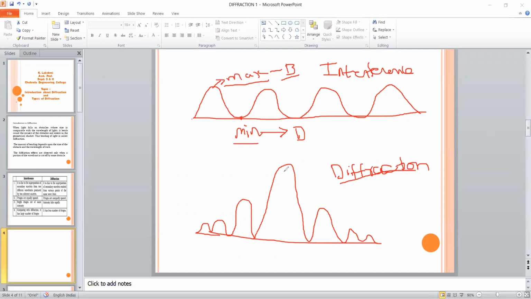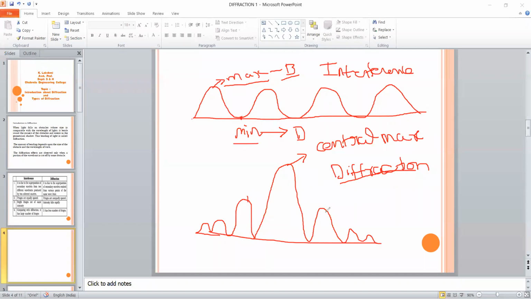Whereas in diffraction, there are three cases. The first one is the central maxima, also named as the principal maxima.